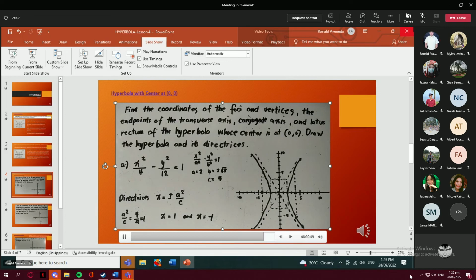So if we're going to draw that, here is x equal to negative 1, so here is one directrix, and the other directrix.